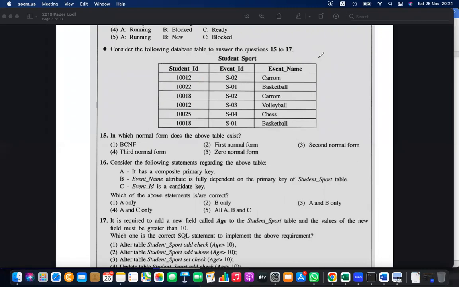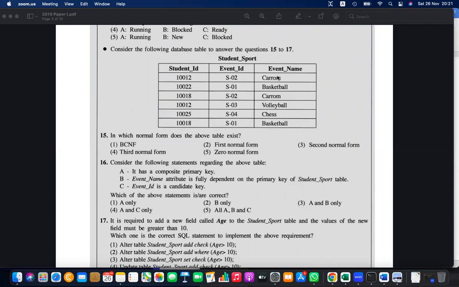Which is violated, which is protected? If there is a composite primary key, then you need to look for partial dependencies. Partial dependency means that any other value depends on part of the primary key.